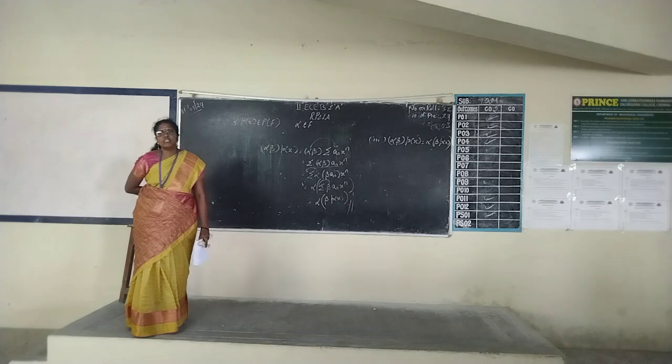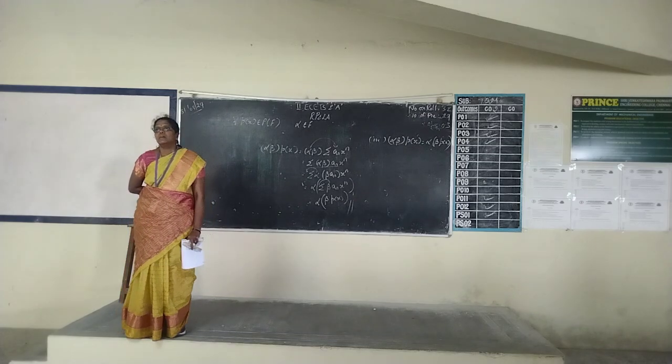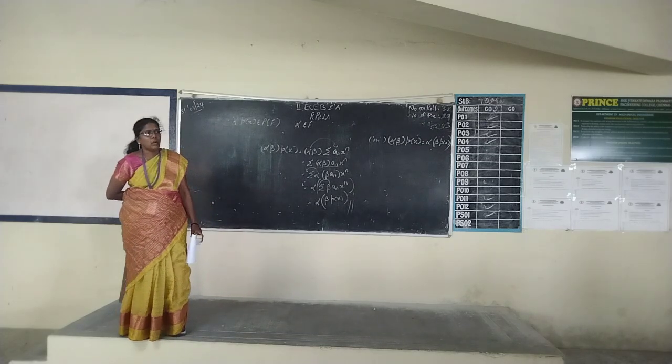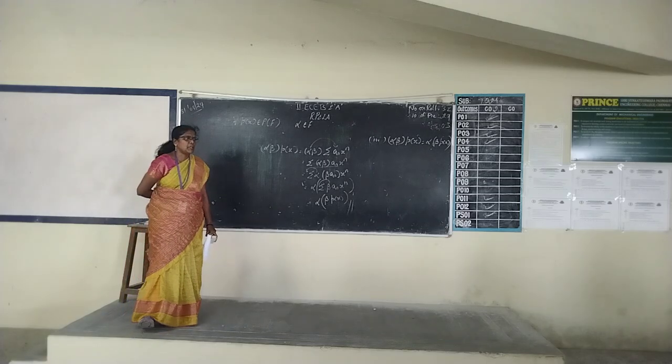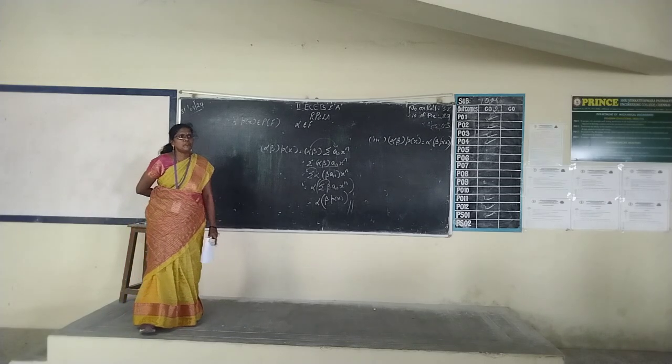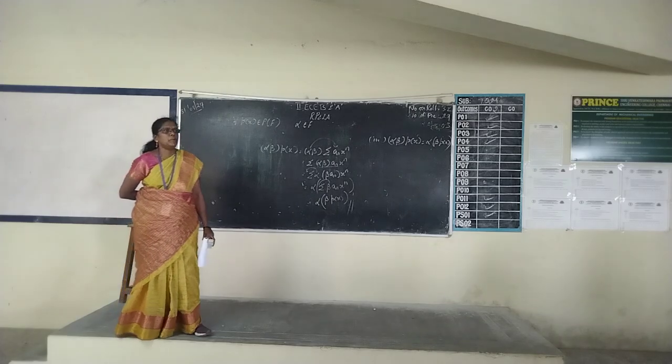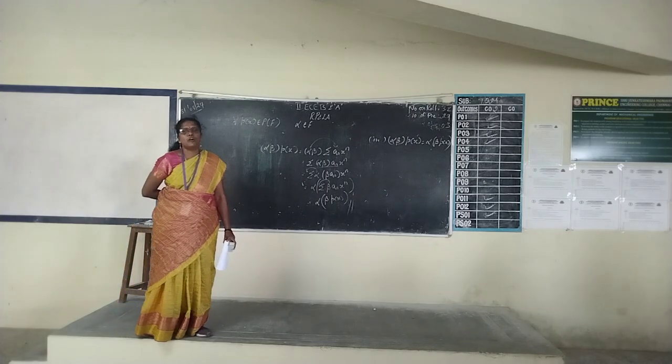What is the fourth one you are supposed to prove? 1 into x should be equal to x. Then 1 is called the multiplicative identity. Here instead of x, you are going to deal with the polynomial. So you have to show that 1 into p of x should be equal to p of x.